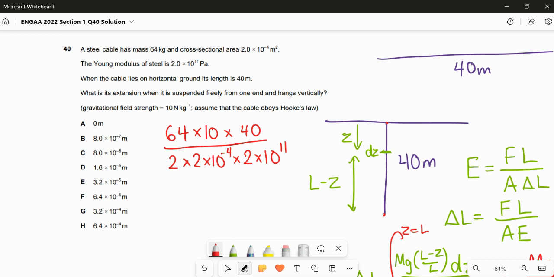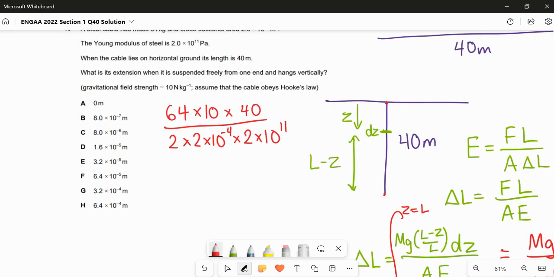Now, 10 to the 11 times 10 to the minus 4, we get 10 to the 7, and then we've got a 10 on the top, so we get a 10 to the 6 on the bottom. But we also have a 40, so the 10 from there gives us a 10 to the 5 on the bottom, but the 4 cancels out with these two. And then we just get 64 over 2 times 10 to the 5.